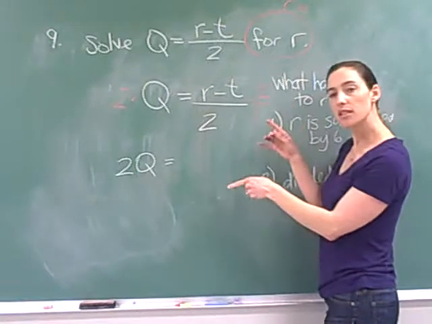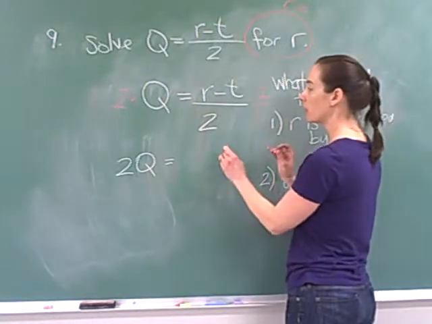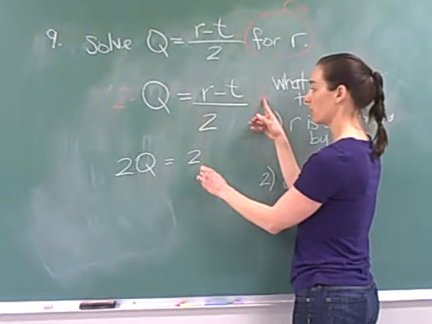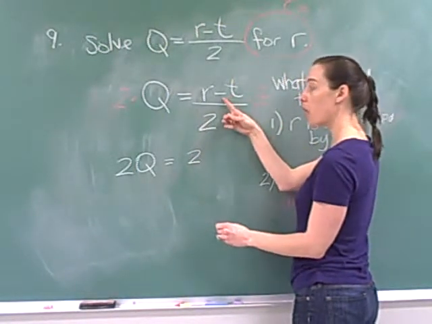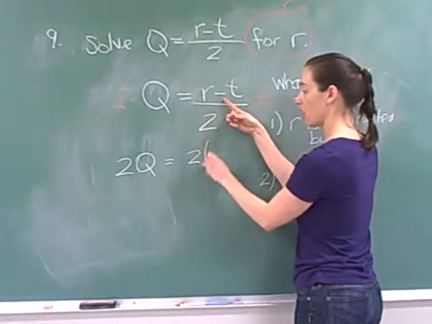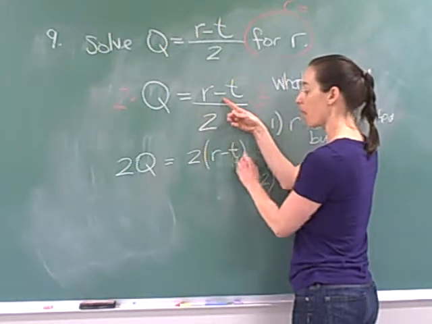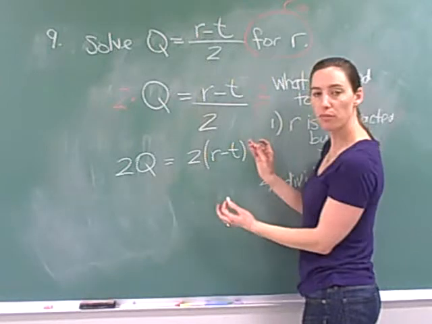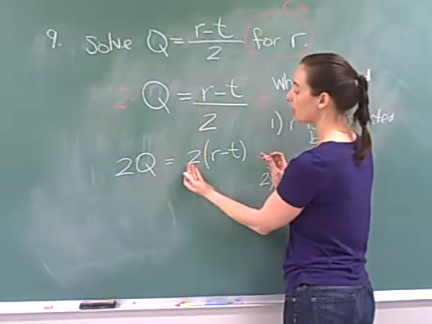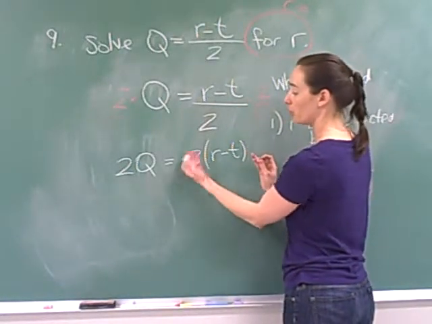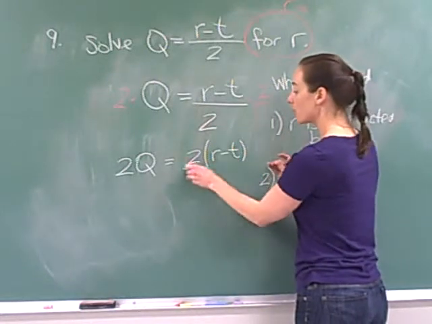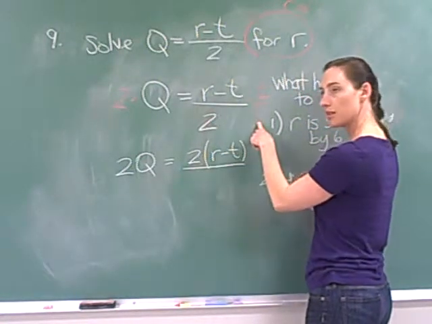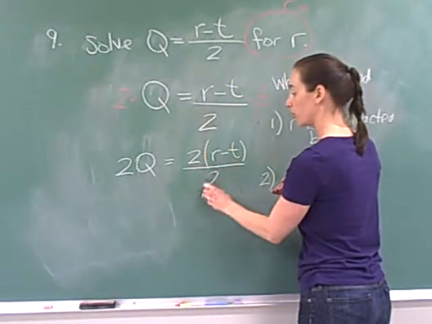And I'm just going to rewrite this a little bit just so I can see it a little more clearly. I have the number 2 in my numerator being multiplied to this R minus T in the numerator. And since order doesn't matter in multiplication, I'm just going to flip-flop that order to make it look a little more familiar. Normally, a constant comes in front of a group if we're going to distribute. And then in my denominator, I have 2 times 1, and 2 times 1 is just 2.